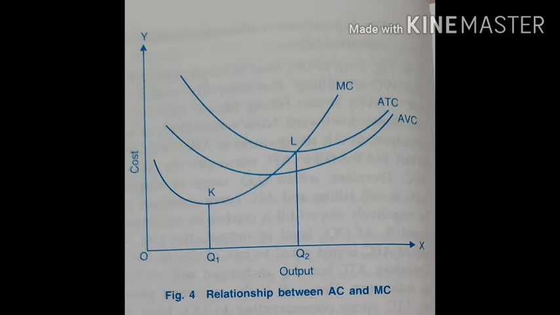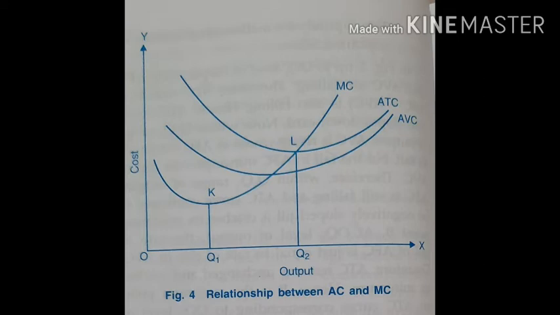In summation, we can say that the average cost curve falls first, reaches the minimum and then rises. Therefore, up to the minimum point of the AC curve, that is L, the MC curve will be below the AC curve.